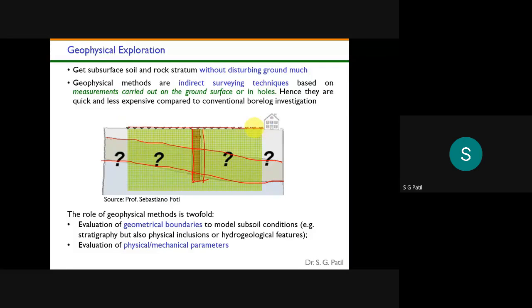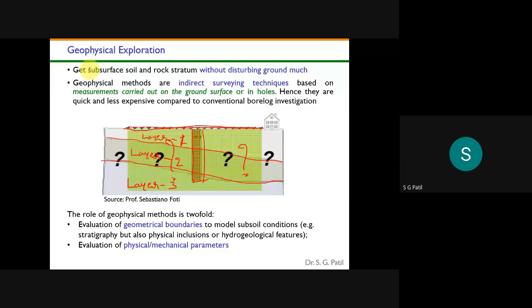If you do those tests at the ground surface, I can estimate what different layers are there. Suppose this is layer 1, this is layer 2, and this is layer 3. This kind of layers I can find out just by performing some geophysical test at the ground surface.